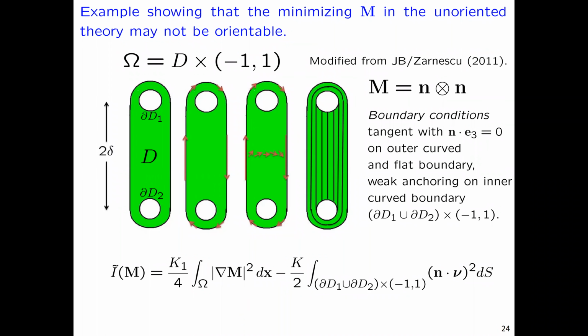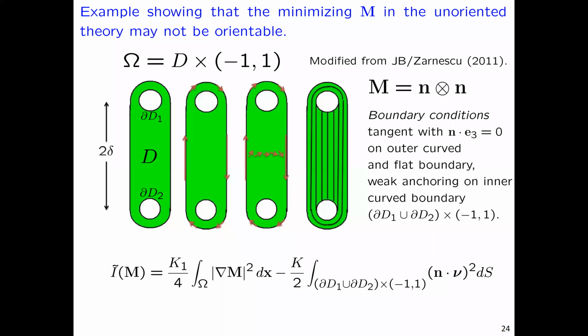So it's trying to make the director point in the direction of the normal. So that's why it's called weak anchoring. I could have imposed that it points exactly in the direction of the normal, but it wouldn't be so easy to do the calculation there.